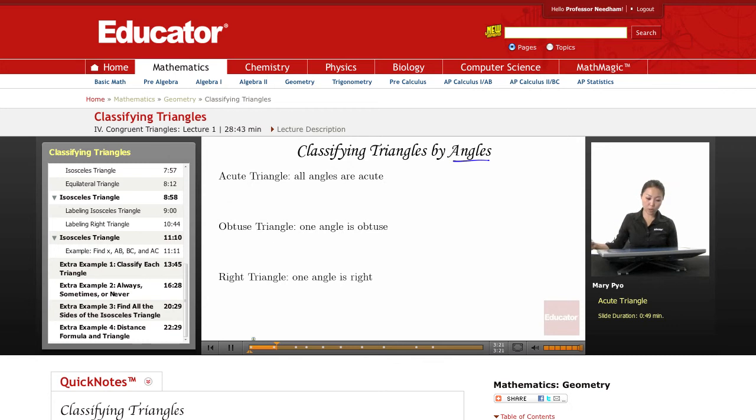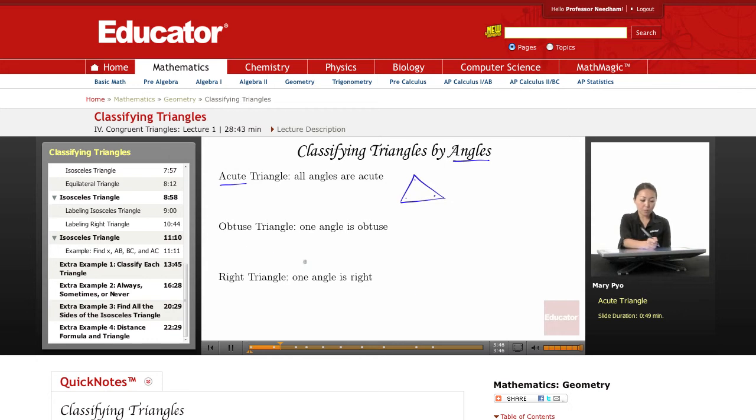So the first one, acute triangle. Well, we know an acute angle is an angle that measures less than 90, right? Smaller than 90. So an acute triangle is a triangle where all the angles are acute. Okay, all the angles measure less than 90.